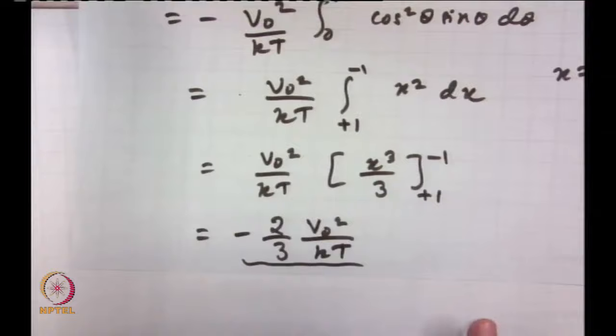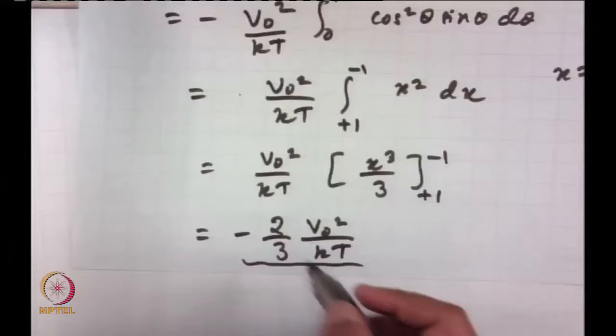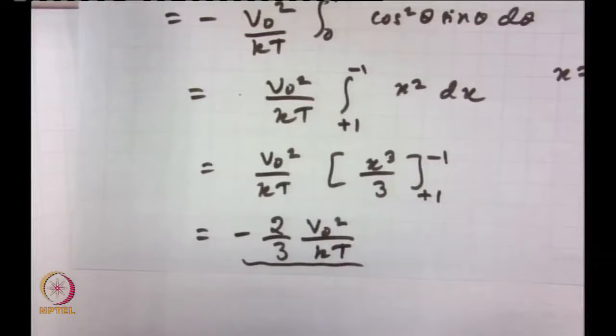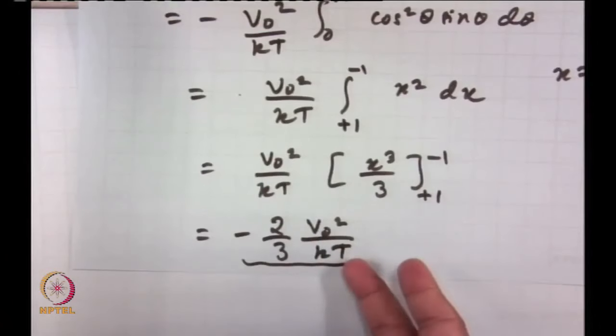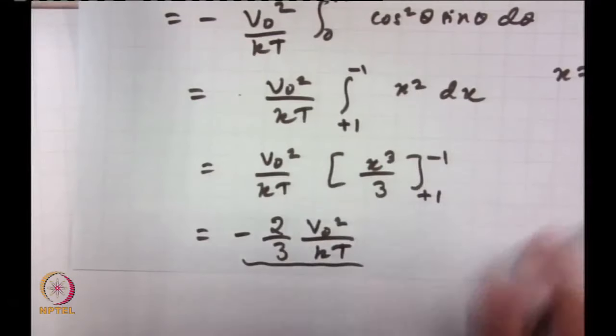He started from a very fearful integral, right, and what did you get? The denominator was 2 and the numerator is minus 2 by 3 V0 squared over kT, and you know what V0 is, it is a constant. Okay. So, let me combine.